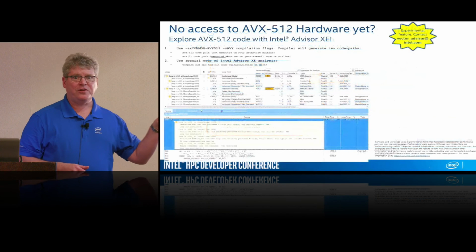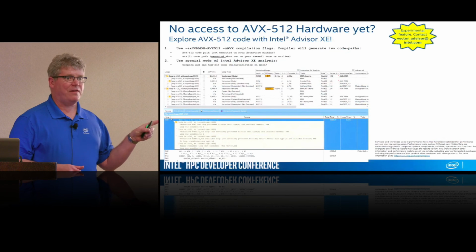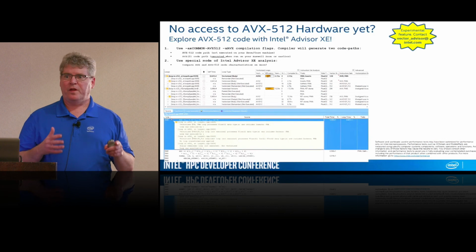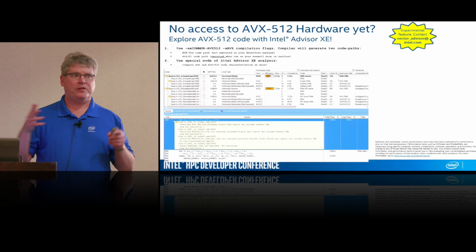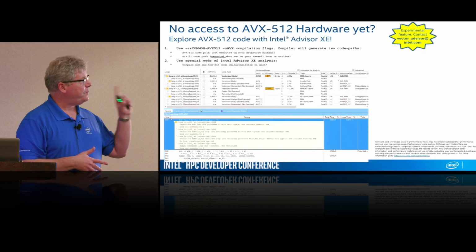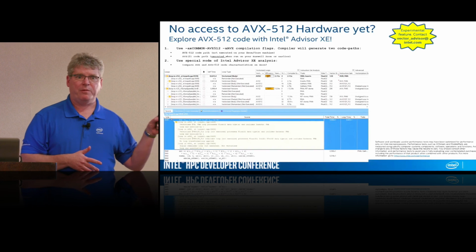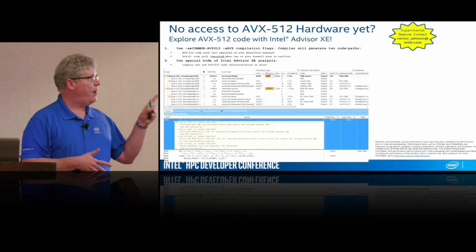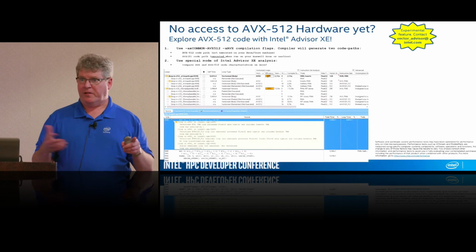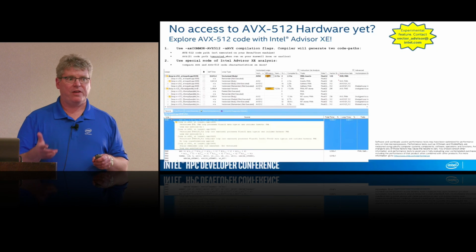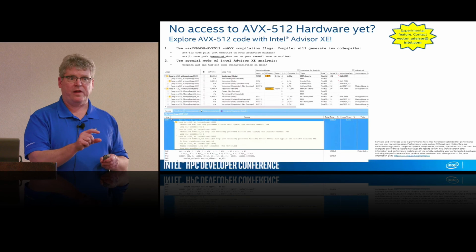This is an experimental feature, and probably my last topic. Again, for AVX 512, a lot of people know that they want to move to AVX 512. They know they want to move to KNL, but they don't currently have hardware. We have a feature that's currently experimental. If you're interested, we can provide access to this feature. What you can do is tell the Intel compiler to generate both AVX2 and AVX 512 instructions, and then run your survey inside of Advisor.